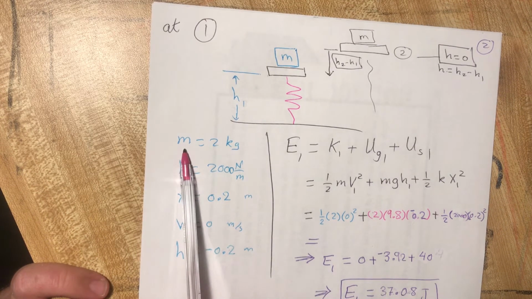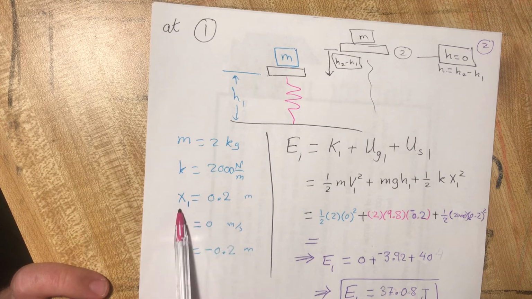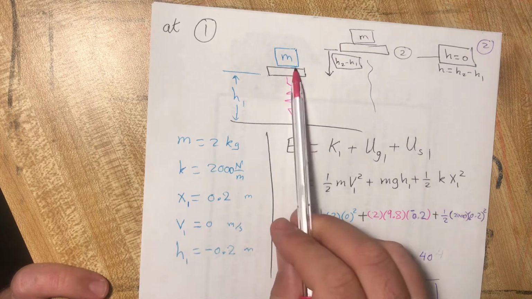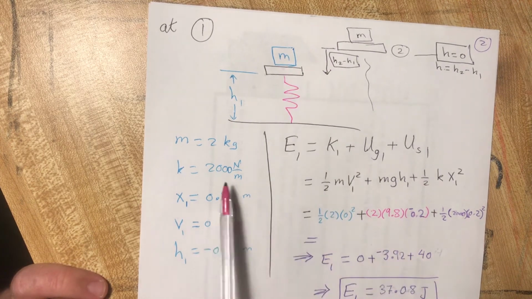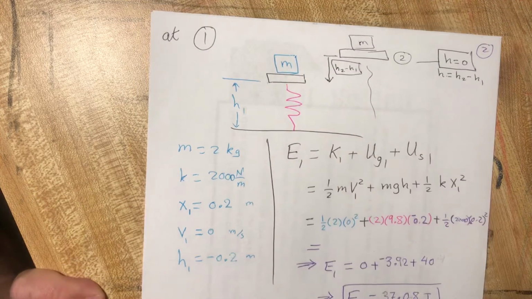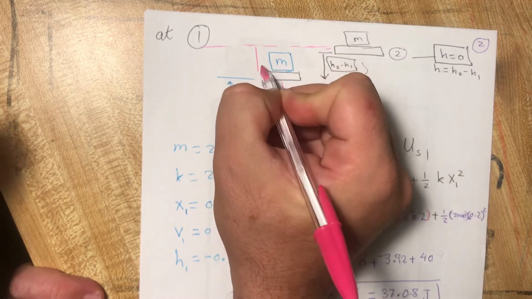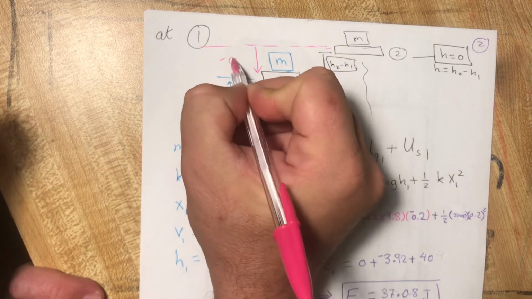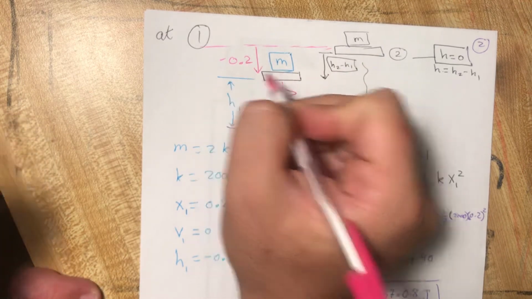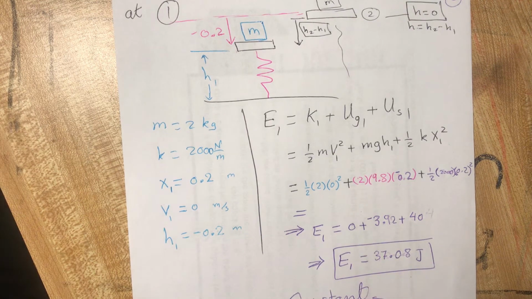The mass is 2 kilograms, the spring constant is 2000, the compression is 0.2 meters, the velocity for this body is 0 because it is stationary, and the altitude h with respect to our zero level is a negative value. It is minus 0.2, minus 20 centimeters. So the altitude is a negative value.